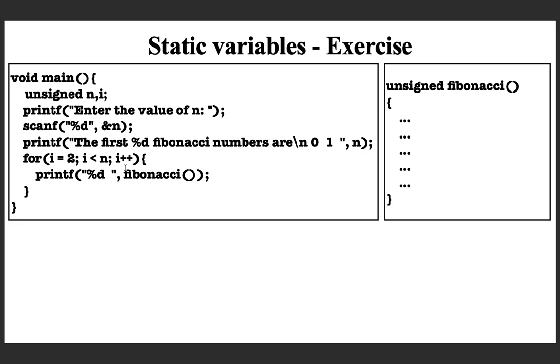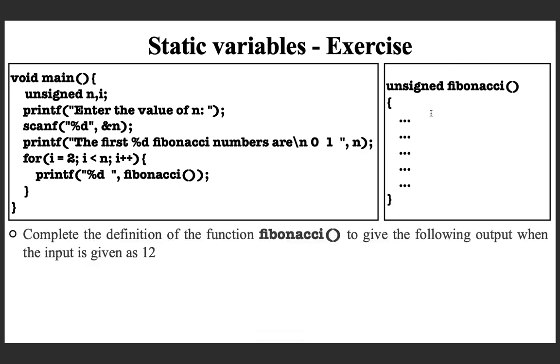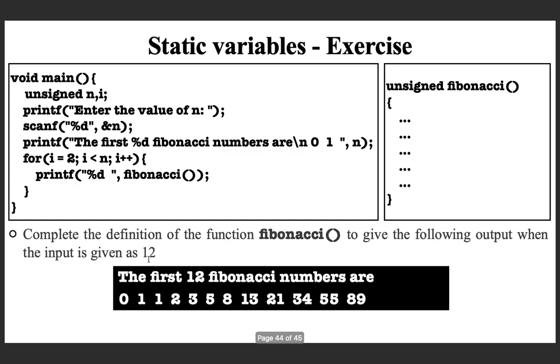And what you have to do is complete the definition of the function Fibonacci to give the following output when the input is given as 12. The first 12 Fibonacci numbers are these. Okay, you have to make use of static variables here.